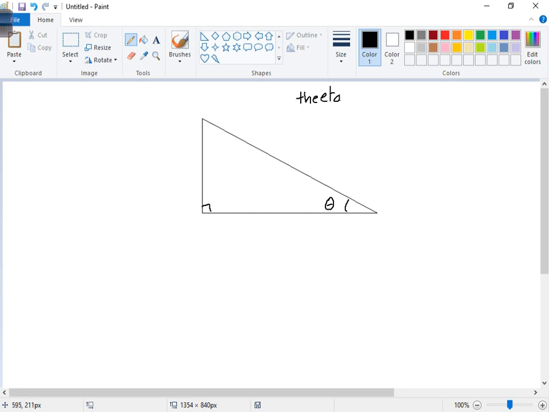In respect of this theta, the opposite side we call opposite, the neighbor side for theta we call adjacent, and this side everybody knows we call hypotenuse.